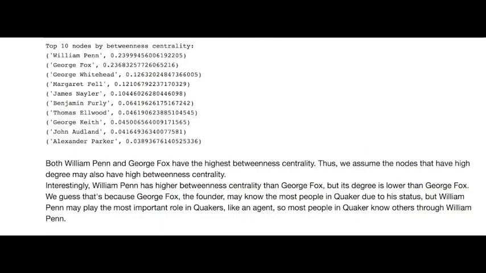Betweenness centrality measures the number of shortest paths that pass through the node. Nodes that most frequently lie on shortest paths have higher betweenness centrality scores and are the bridges between two different clusters. It's often associated with control over the flow of resources and information.